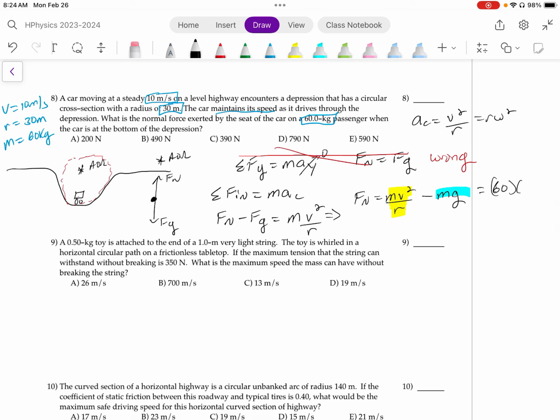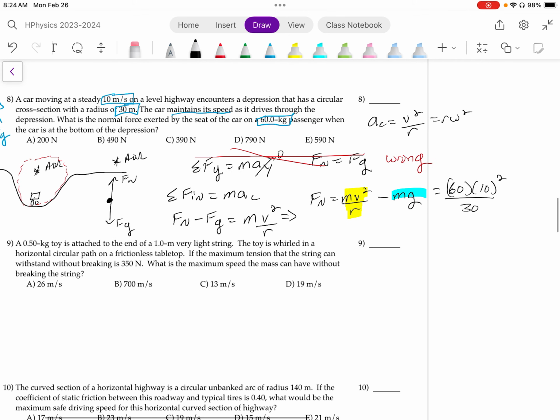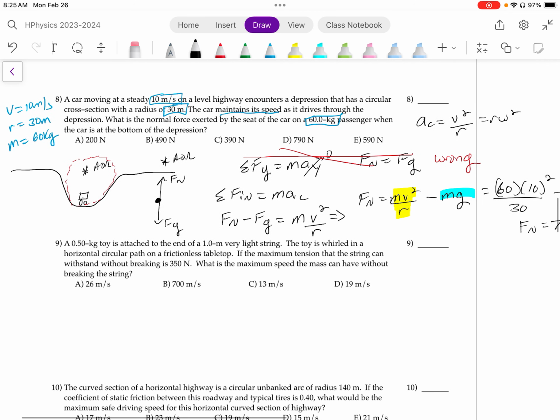So I can plug in my numbers. 60 kilograms times 10, don't forget to square it, divided by 30, minus 60 times 9.8, and I will find force normal, at the conditions they gave, to be 788 newtons. Everything was given to me.